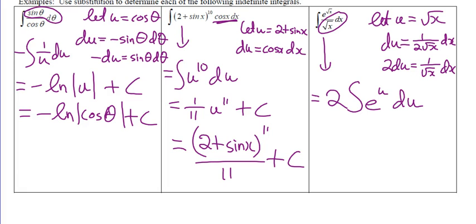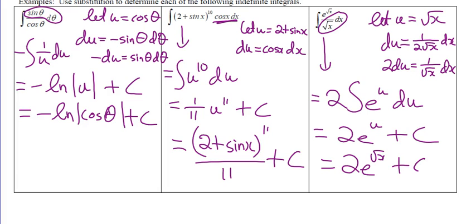So there's my 2 du, which replaces dx over root x, and e to the u. So what's this? 2 e to the u plus c. And what's that equal to? 2e to the root x plus c.